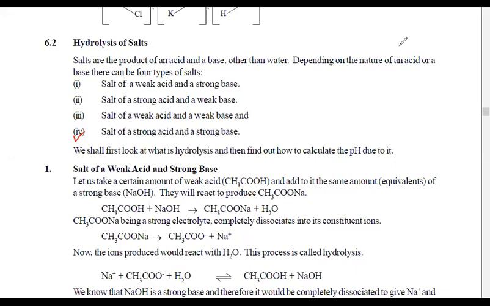Can they hydrolyze? Yes or no? Everyone, please let me know.